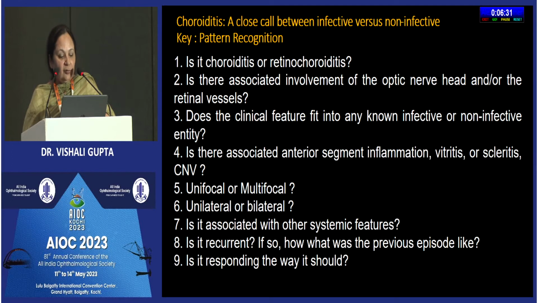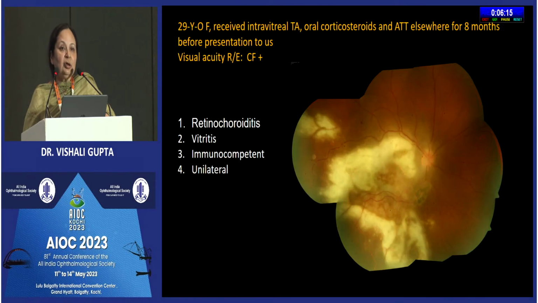Is it uni- or multifocal, unilateral, bilateral, is there systemic disease? What was the previous episode like? And even if the patient is on treatment or you have started the treatment, is it responding the way it should? Now, I'm going to give you one or two clinical examples on how you will ask these questions for every patient of choroiditis that walks up to you.